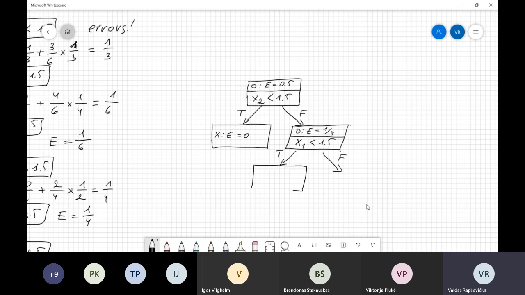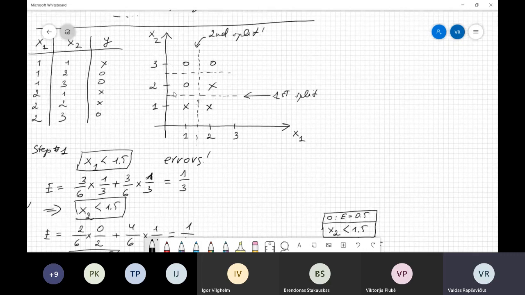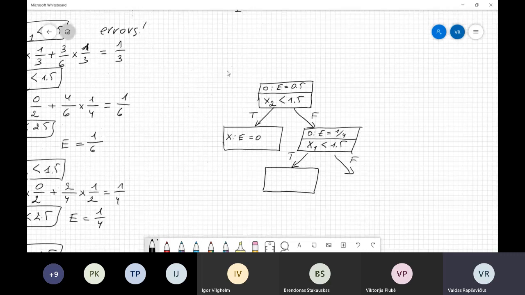So if it is false, we have only circles remaining, right? Only circles remain. So this is circles and error equals 0.